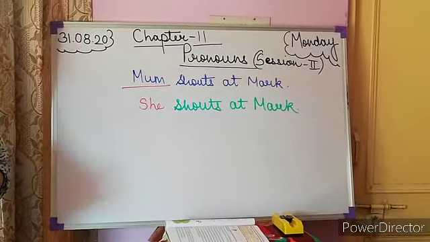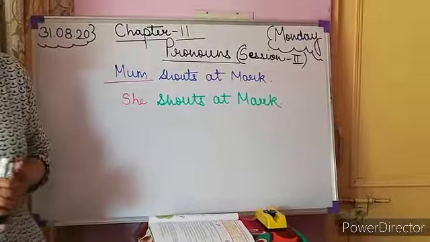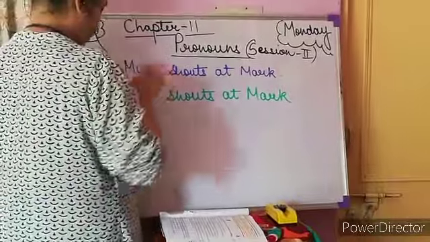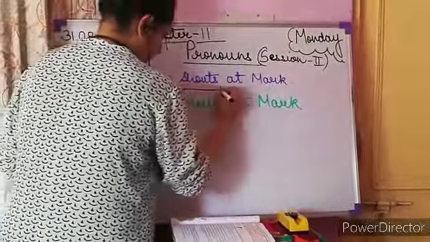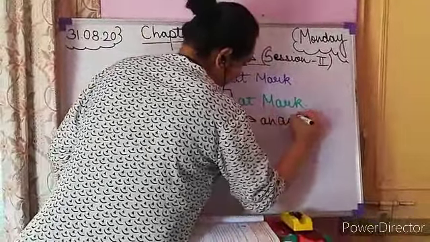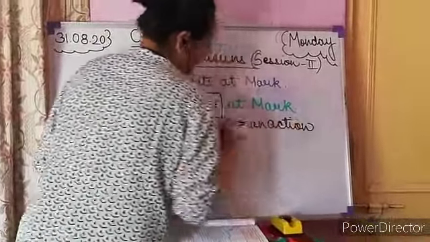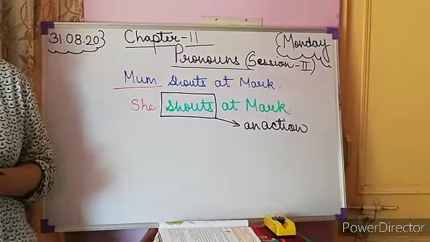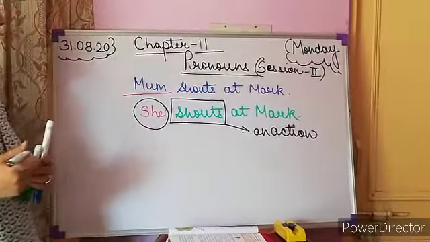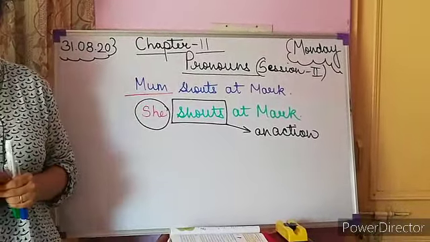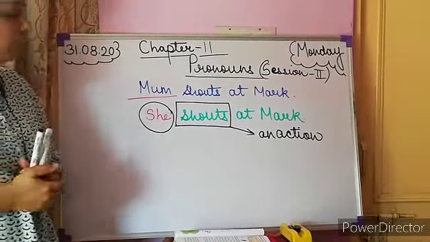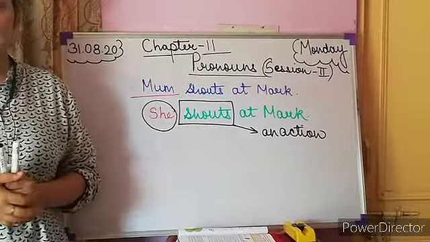So children, here shouts is a verb, or you can say it is an action word. So let's highlight. This is an action word. And who is performing this action? Mom is performing this action, and in place of mom we have written the pronoun she here. So here the pronoun she is performing the action of shouting at Mark.